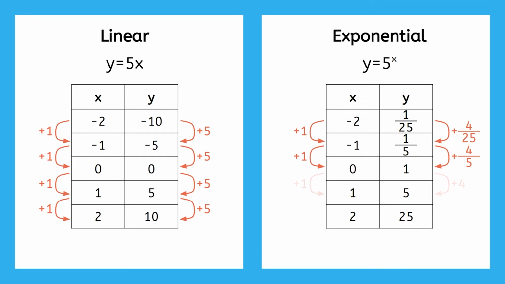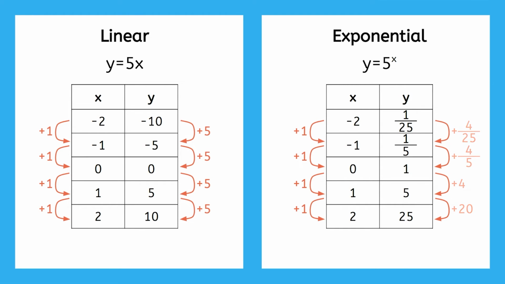And then it increases by 4, and then it increases by 20. That's a mess. There's no consistent increase, but maybe we're just thinking about this wrong.